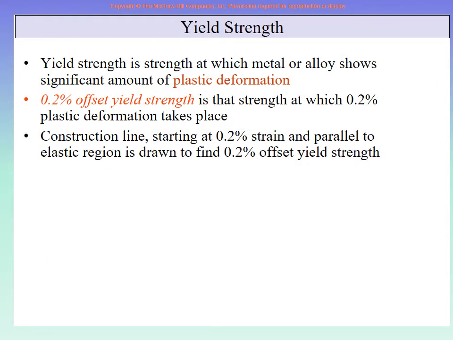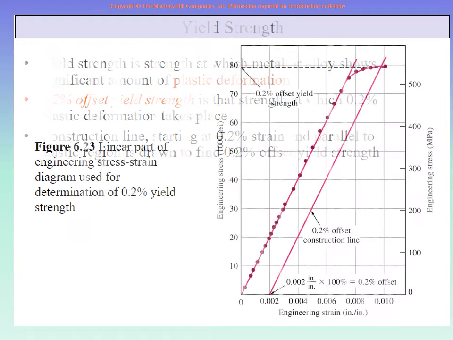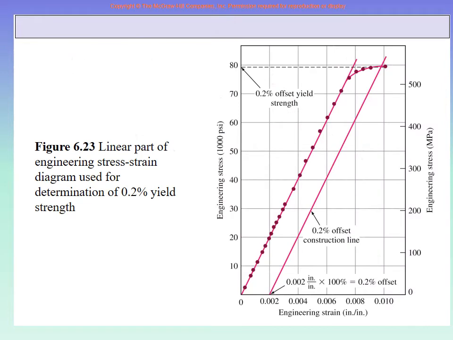Then we talked of yield strength, how do we define it, where is it exactly there, and that if there is no clear-cut yield strength available, then we find it by a 0.2% offset yield strength method. And here was the graph, that if there is a definite point at which the straight line ends and the curve starts, then that point is already the yield point.